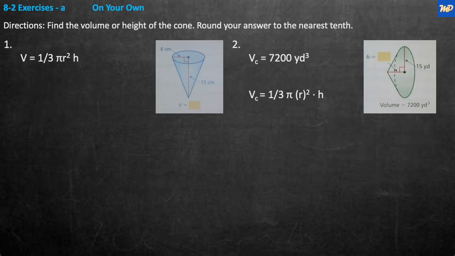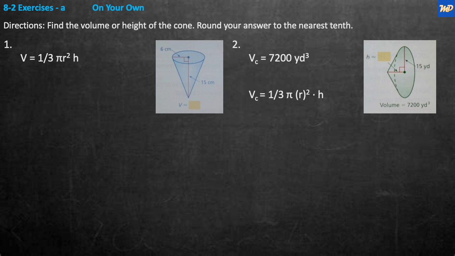Okay, exercises. This is the A. There's a couple of them, probably exercise B you'll be following. We're going to do this on your own. It says, find the volume or height of the cone. Round your answers to the nearest tenth. So we have the formula here. Again, volume is equal to 1/3 pi r squared h for the volume of a cone.